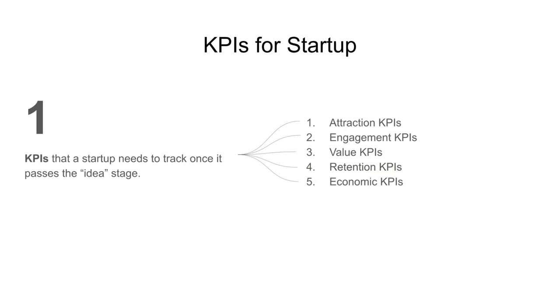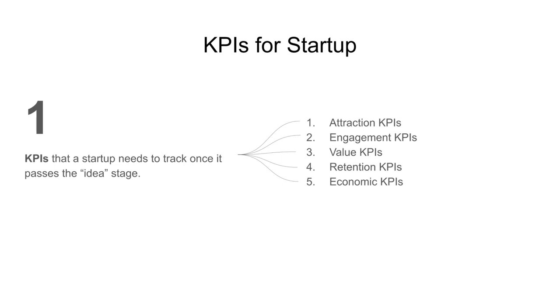So the KPIs for the startup will vary depending on the stage of the startup. So if you are on idea stage, you don't have any product, you don't have anything, so these KPIs most likely won't work for you. So the KPIs that we're going to talk about are for the company that already has some product and is starting up in this sense.